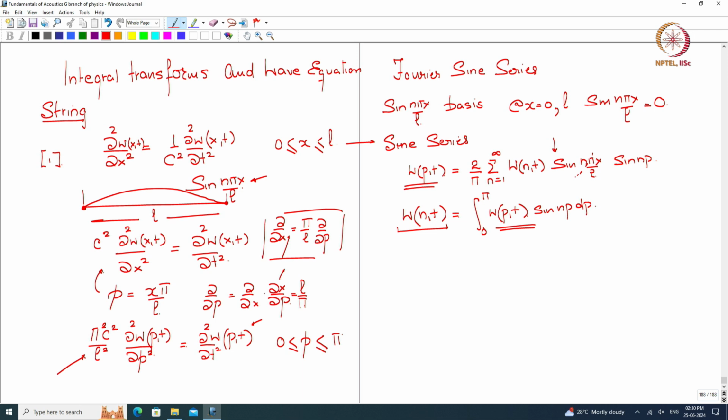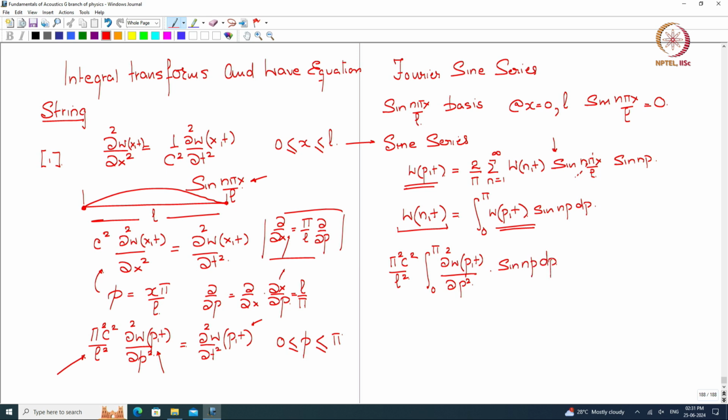Now we have to go from the P domain to the n domain. So what we do is we have pi square c square by L square integral 0 to pi del 2 W(P, t) by del P square, and we multiply by sine nP dP.